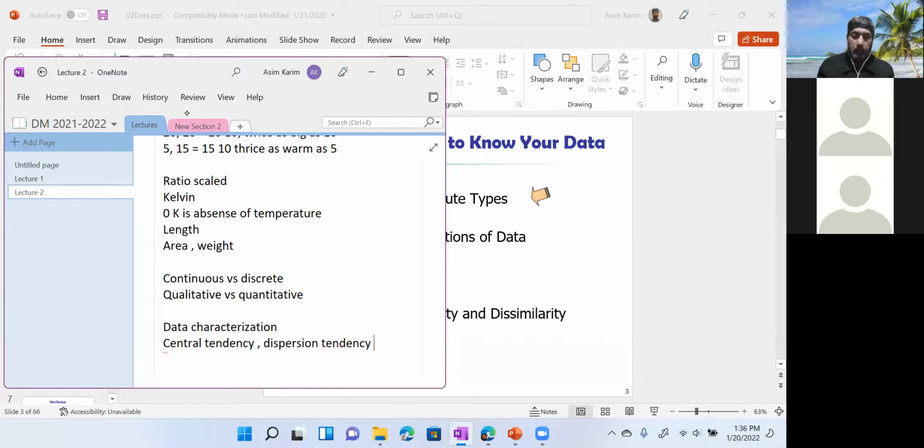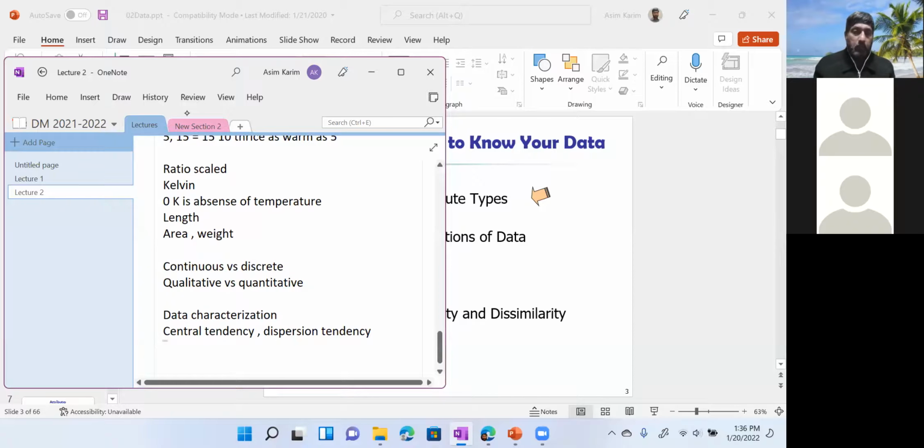Many toolkits that are available out there, for example Python and Pandas, automatically generate these stats for you once you load the data. So these are stats for characterizing the data. How can you characterize a central tendency? You have several things.